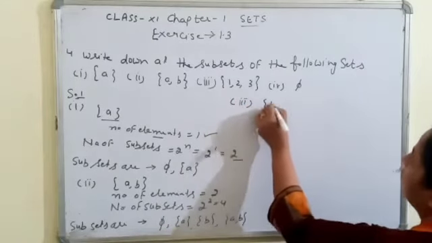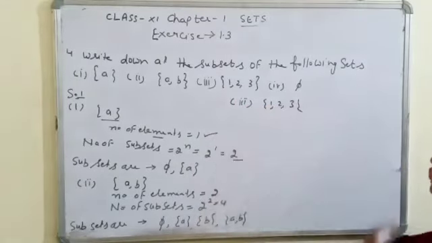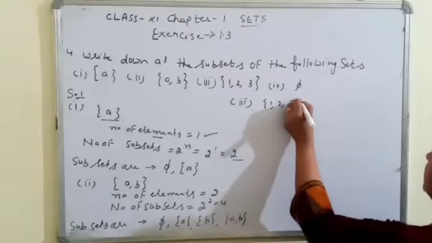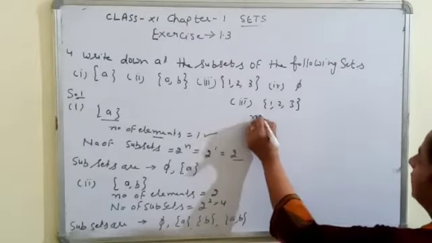Third part is {1, 2, 3}. We have to make the subsets for this, and this set has 3 elements.